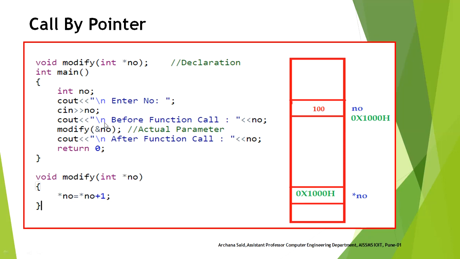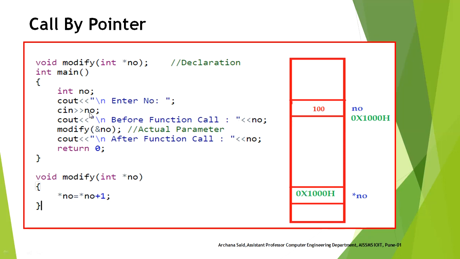So here if I say &no, I need to use a pointer variable in the modify function. This no is a pointer variable, and pointer variables always hold the addresses of normal variables. Here it is an integer pointer, so this integer pointer will hold the address of an integer variable.